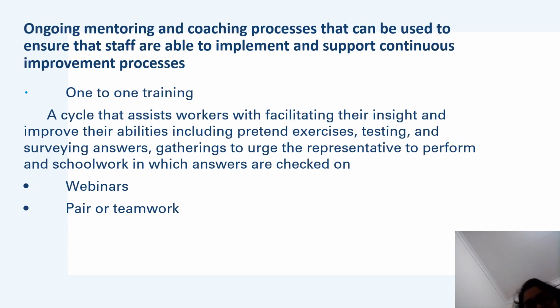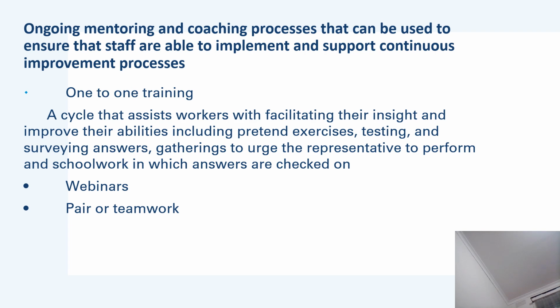Next, there are many ongoing mentoring and coaching processes which could be used to check that staff are eventually able to implement and support the process. We can make our staff stronger through one-to-one training, we can arrange some webinars, and we can also encourage teamwork.